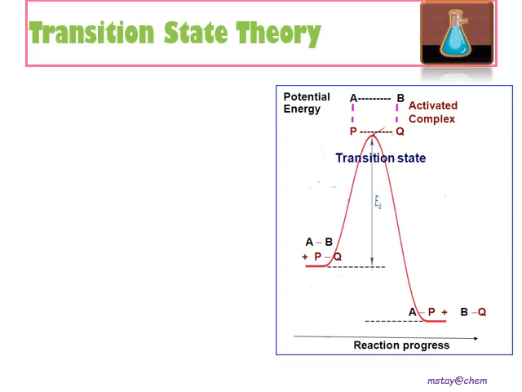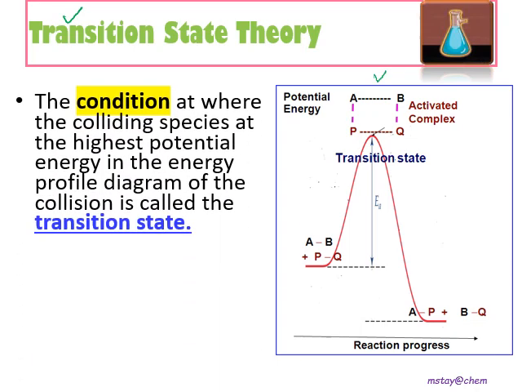Now we are in the third learning objective, transition state theory. When we want to describe this theory, we use this energy profile diagram. The condition where the colliding species are at the highest potential energy in the energy profile diagram is called the transition state.